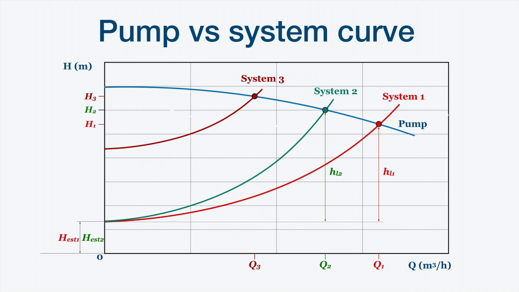We have increased the static head, and due to this the pump has reacted by reducing the flow rate and increasing the head. Of course, this curve has been obtained by adding also the head losses to the static head.